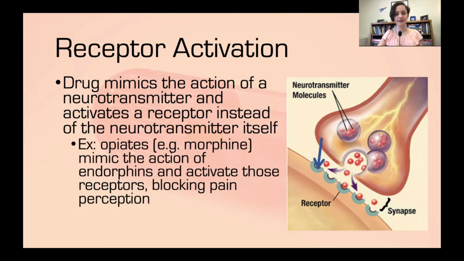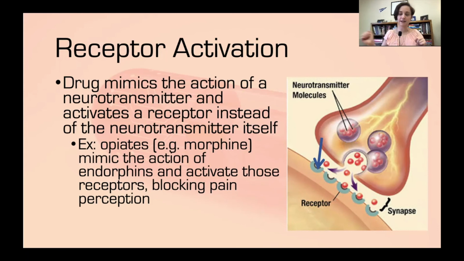So, for instance, opiates, we now know, actually work through mimicking a naturally occurring neurotransmitter known as endorphin. Under normal circumstances, the presynaptic cell would package up an endorphin, generally under conditions of severe distress or pain, as a numbing agent. It would send it down the axon, and it would be released.